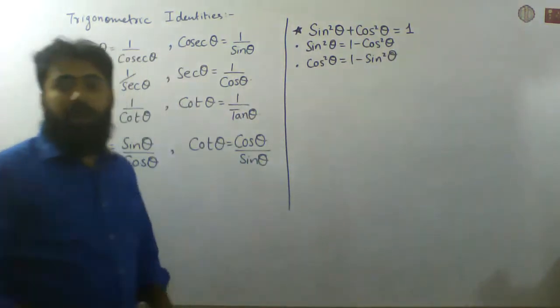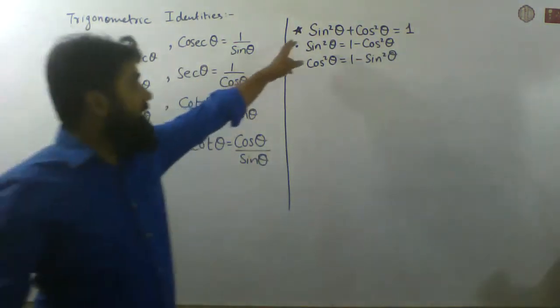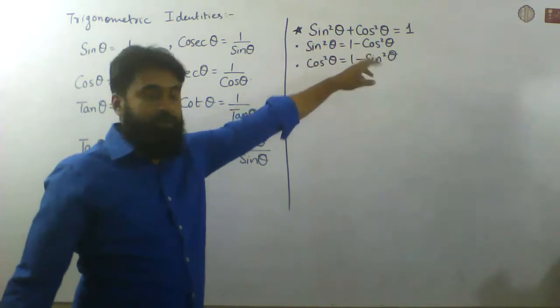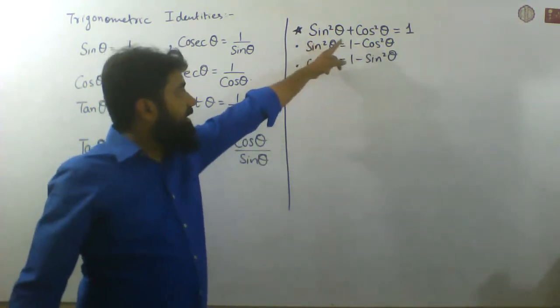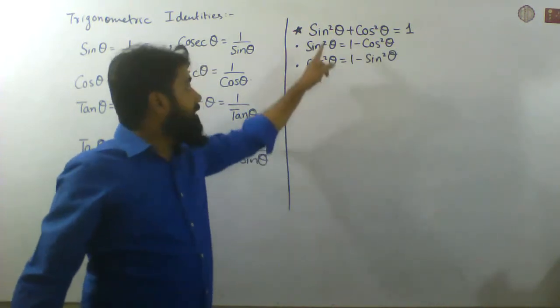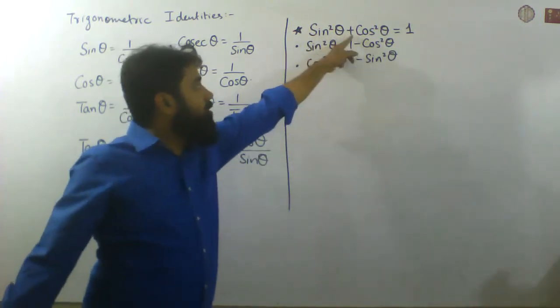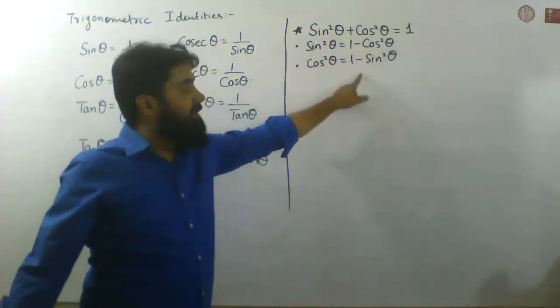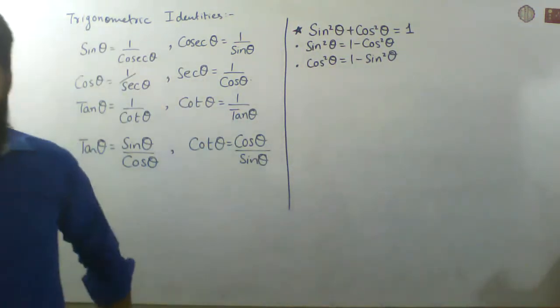That can also be a variation. In the other variation I shifted cos square to the other side, giving 1 minus cos square, and likewise I kept cos square on the left side and shifted sin square to the right side to get this result.